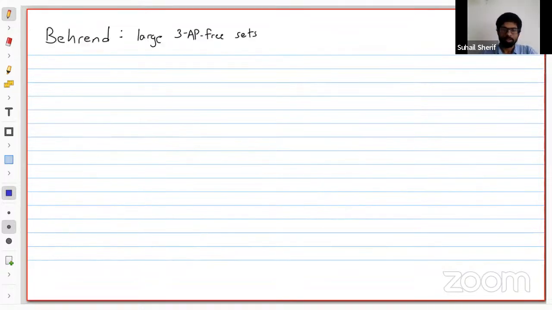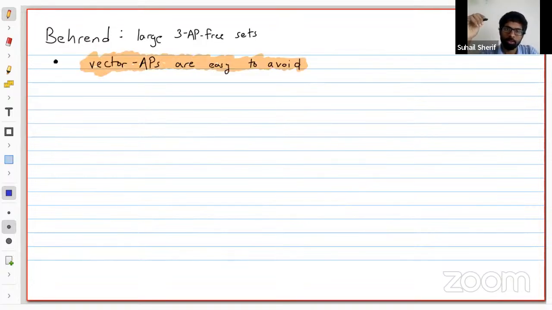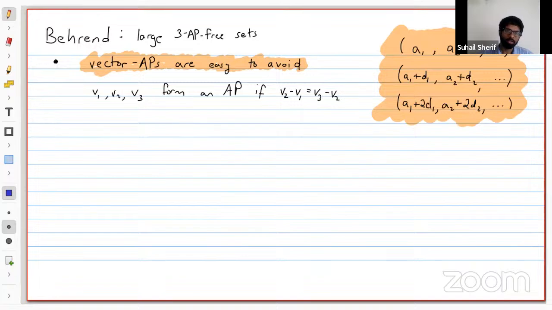All right. So Barron's construction starts with an observation that if you weren't looking at integers, but you were looking at vectors, then this problem becomes somewhat easier. There's a trick to handle this. And by vector arithmetic progressions, I just mean this. So 3 vectors form an arithmetic progression if the difference between the first and the second is equal to the difference between the second and the third, exactly like it is for integers.